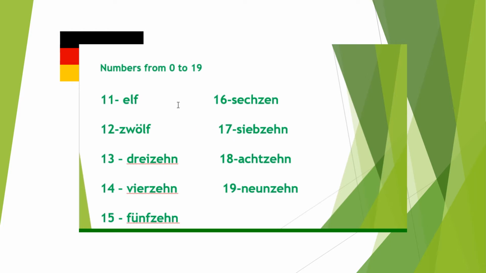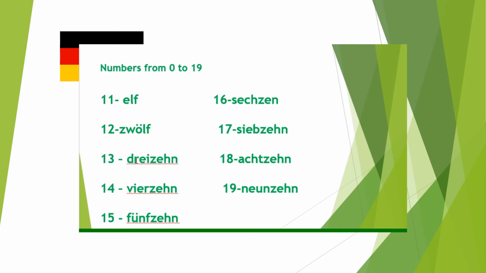So if you look at the pattern, you'll find that 11 and 12 are very different, but from 13 to 19 it follows a certain pattern. What is that pattern? If you look at 13, there are two digits, 1 and 3. As per the rules, when converting into German, the 3 comes first and then the tens place.